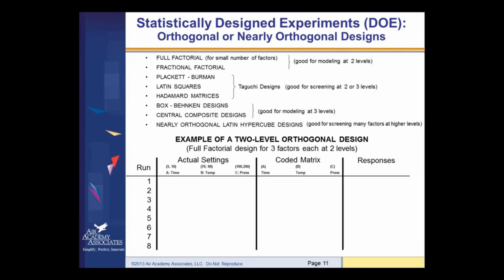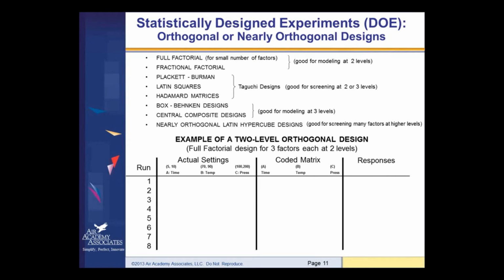And typically we see NOLHDs being used in simulation experiments when you have a large-scale simulation and you want to generate an emulator or a low-fidelity model. The nearly orthogonal Latin hypercube designs come in handy. But anyway, those are just a few of the orthogonal or nearly orthogonal designs that are out there today.